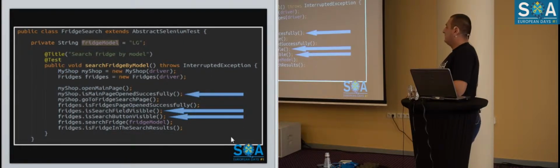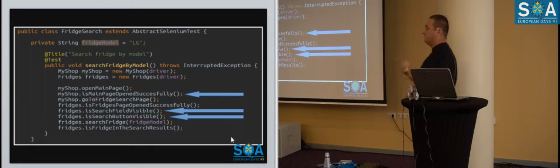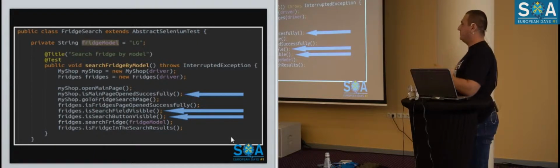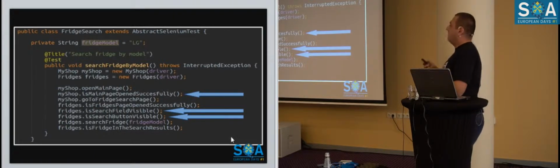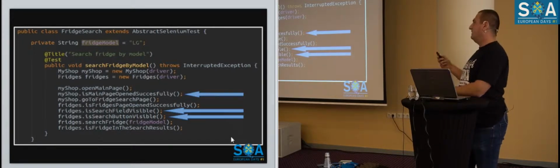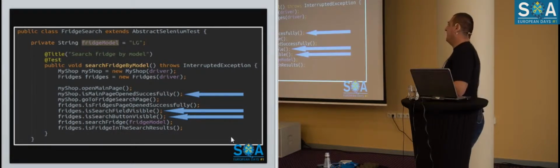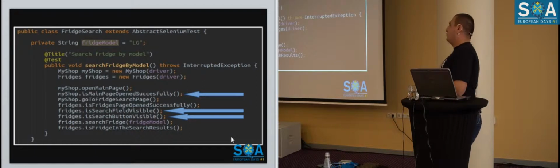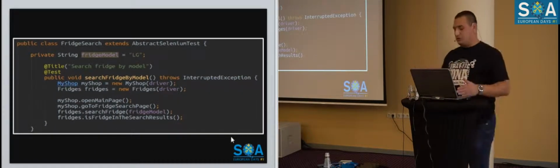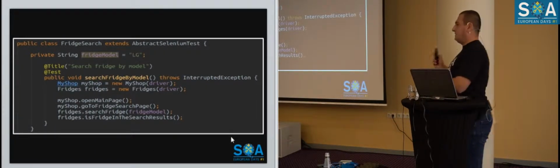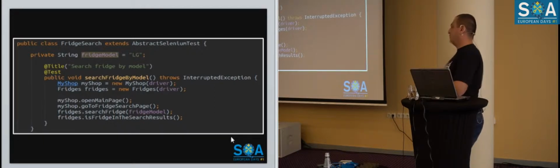An advertising page opens, search field is highlighted, and these checks are secondary. If you need to make sure that all elements are accounted for on this page, you need to run another test, because under this test it's excessive.